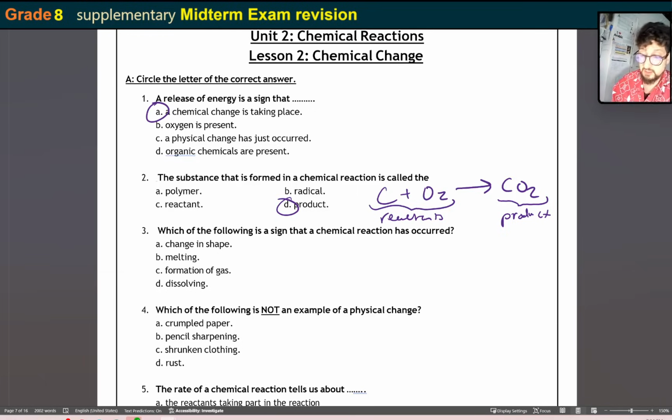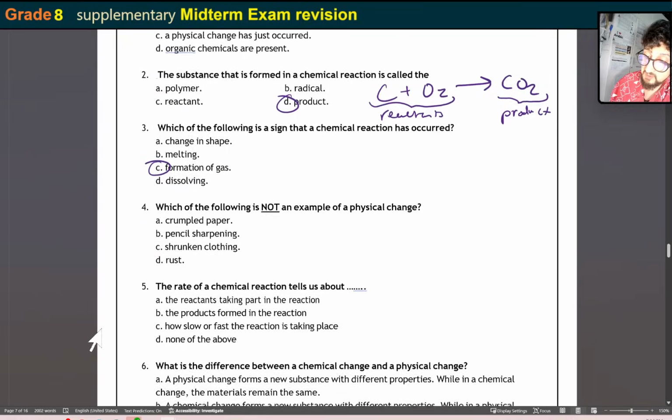So I've changed the shape and it's not a chemical reaction. Melting is not a chemical reaction either, because if you think about melting ice, well, we haven't formed a new substance. It's the same, it's just water. Dissolving, again, we haven't really formed a new substance. You can still retrieve the salt once you dissolve it in water. So formation of gas is the one they're looking for there as a sign of chemical reactions.